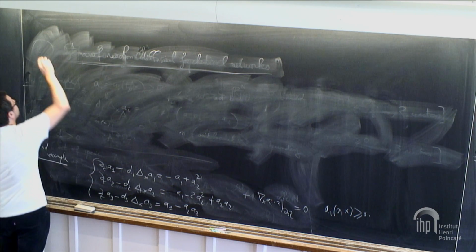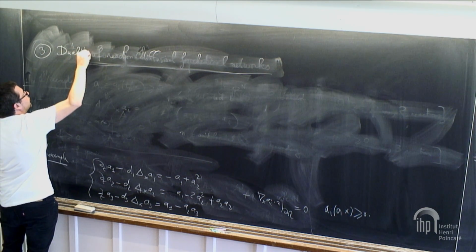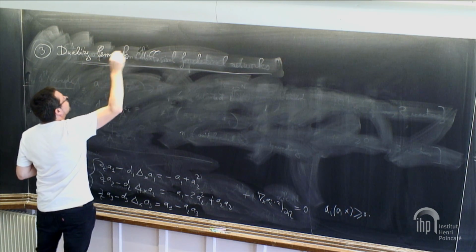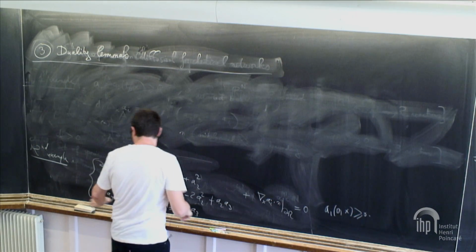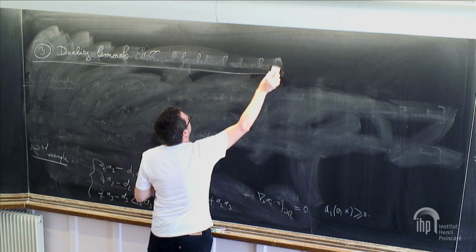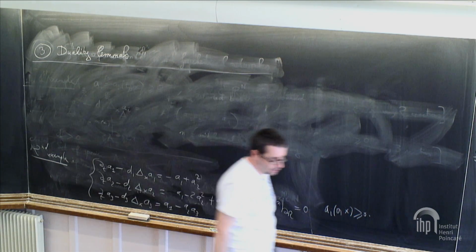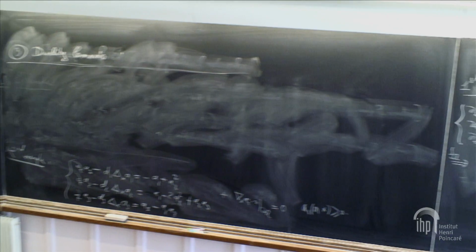So this is sometimes called the duality lemma. So I will maybe write down the lemma and then explain how it can be used in the cases we are interested in.